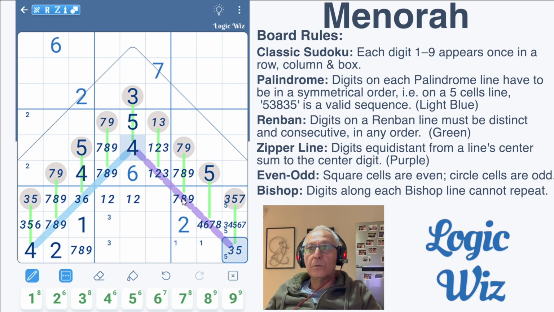So here we can no longer have an 8. Because 4 plus 3 is 7, 4 plus 5 is 9. 8 is no longer an option, which basically means 8 must be here.